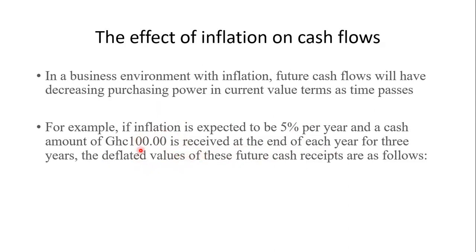So this 100 Ghana cedis is a current amount, and if you have an expectation of 5% inflation, it means that the future value of the 100 cedis is going to be lower. Now let's see how that is computed using the inflation figure to deflate the 100 Ghana cedis in future.